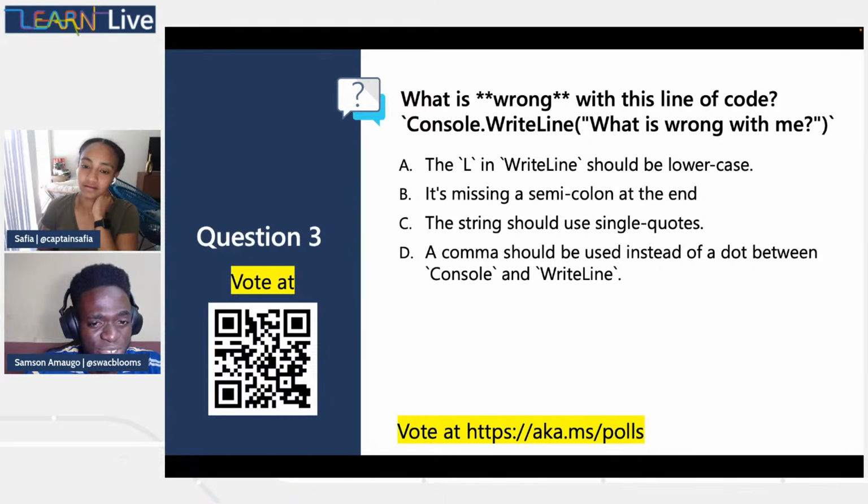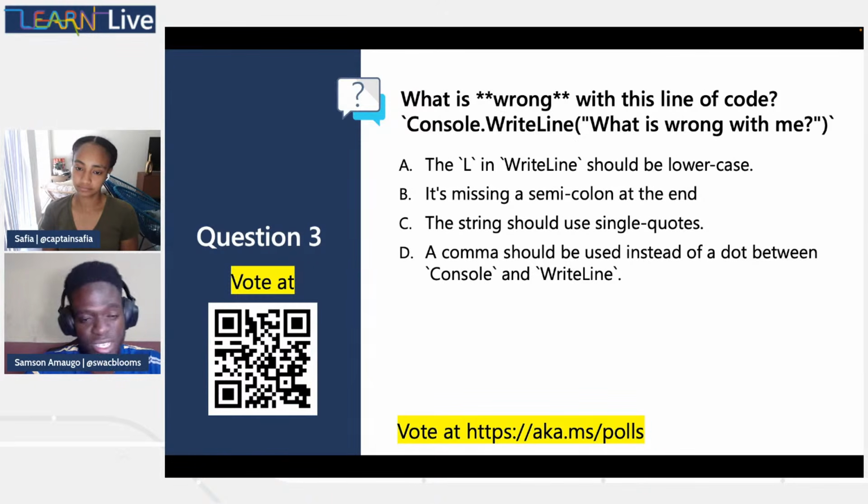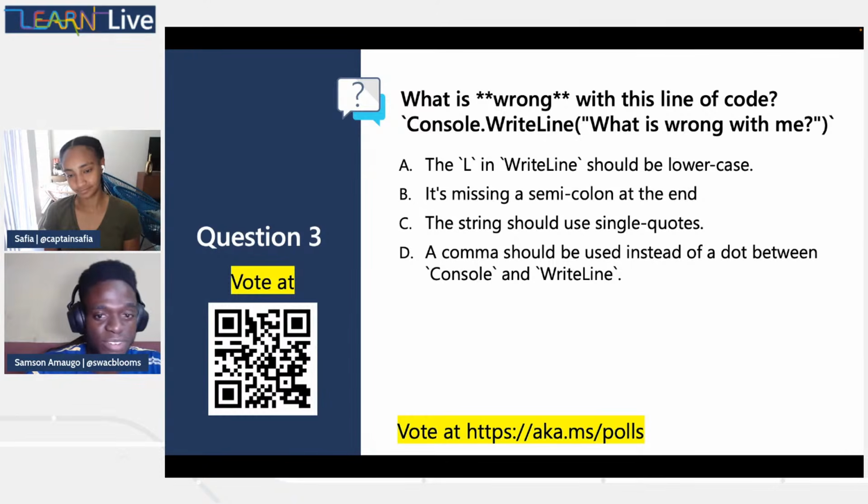The string should use single quotes. No, we talked about that before this. Yep. When you use single quotes on a string, the compiler screams at you. And this says a comma should be used instead of a dot between Console and WriteLine. That can't be it because, to access the members of a class, you have to use the member access operator, and the member access operator is the dot.